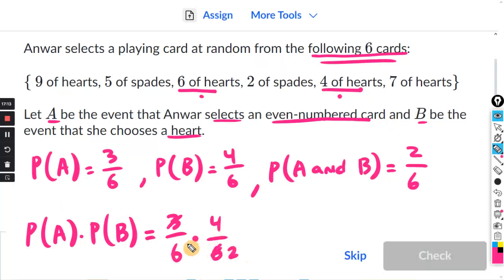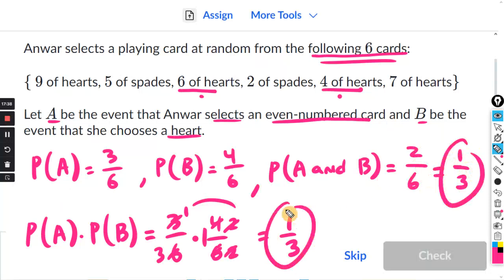And these are both even. 6 divided by 2 is 3. 4 divided by 2 is 2. Numerator is 1 times 2. And now we have 2 over 2. So this is just times 1, and we're left with 1/3. And probability of A and B, 2 over 6 is the same as 1/3. So yes, they are equal. That makes them independent.